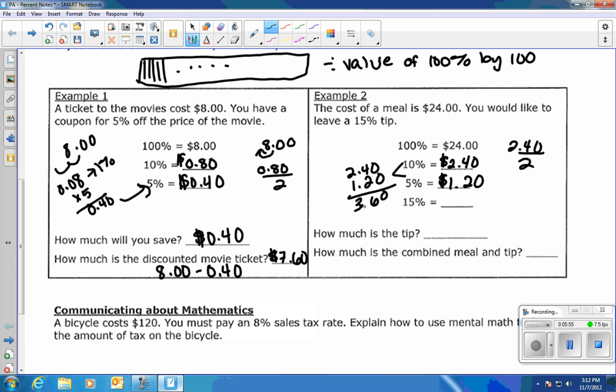So that's going to be $3.60. So our tip was 15%, which is $3.60. And remember, the tip is going to be combined with the original cost. So $24 plus $3.60 is $27.60.